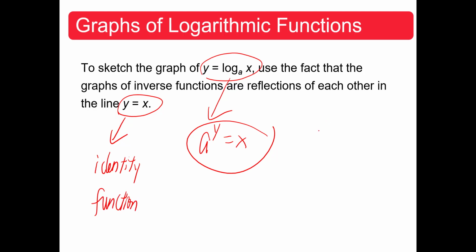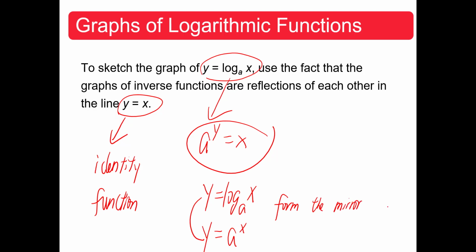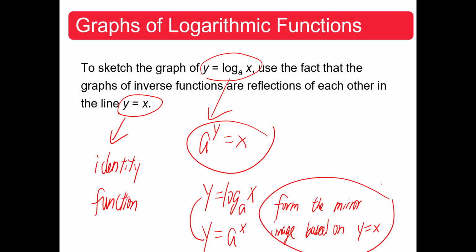So the logarithm y equals log base a of x and the exponent y equals e to the x are mirror images based on y equals x. This is a very important feature of inverse functions.